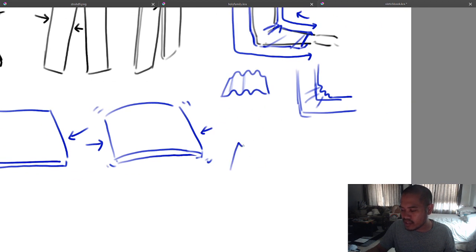And eventually it could just explode and crack or something. So here's my cracking wood. And pieces shattering everywhere, like bam.